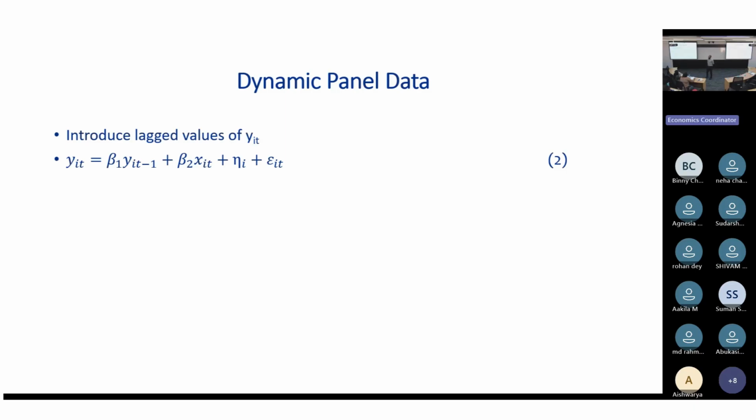The relationship between the previous and the current value. If beta 1 is 0, then there is no dynamic. If beta 1 is equal to 1, beta times y_t-1 determines beta times y_t, right?